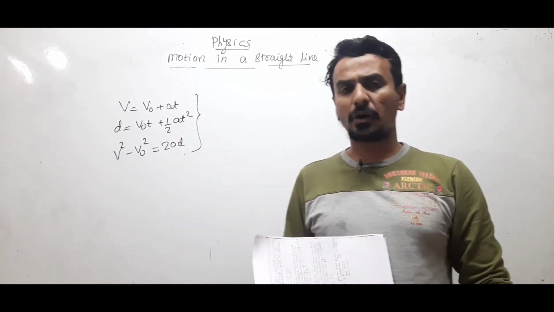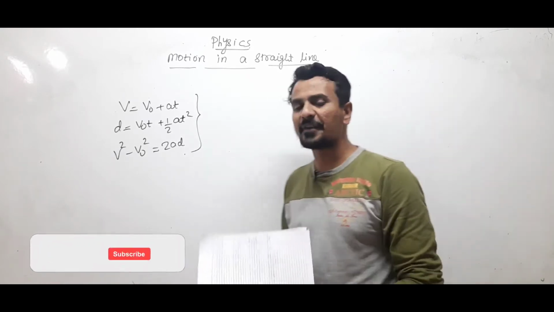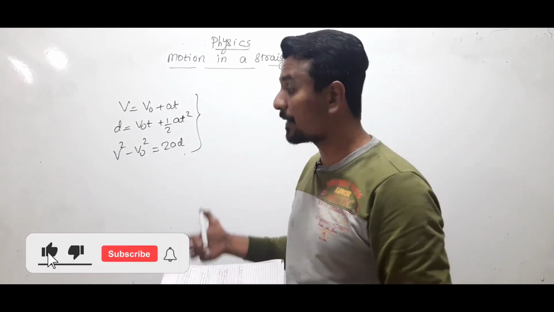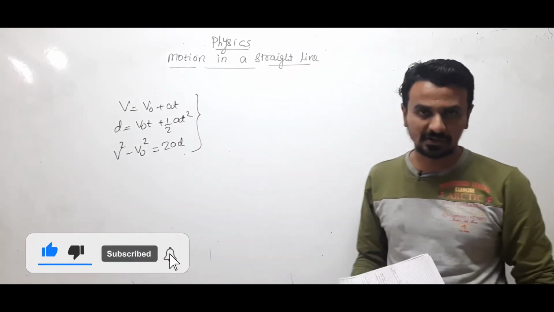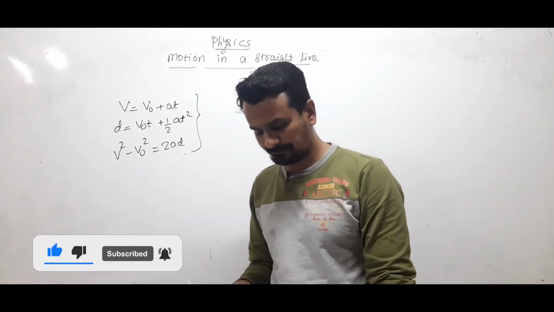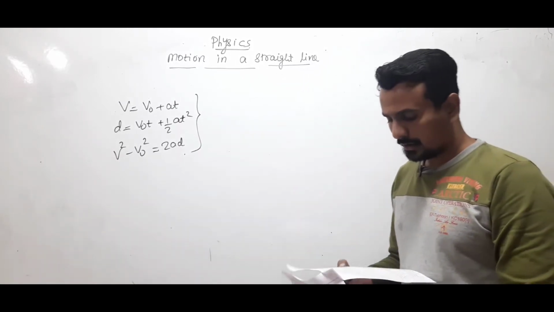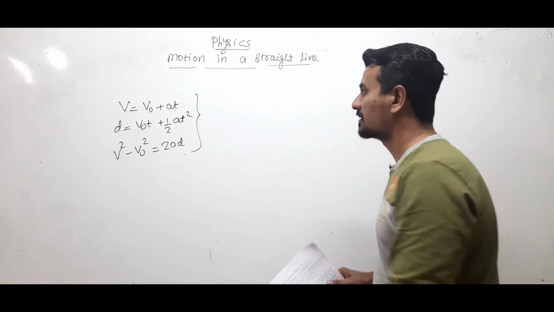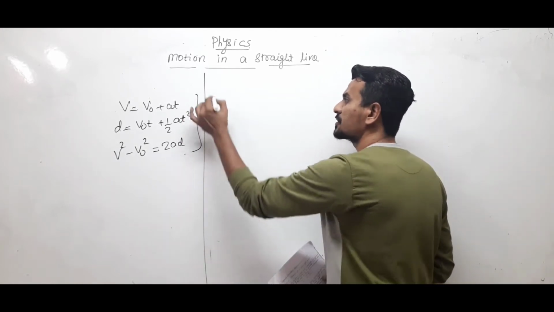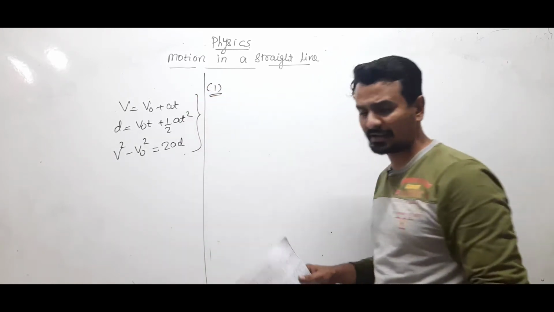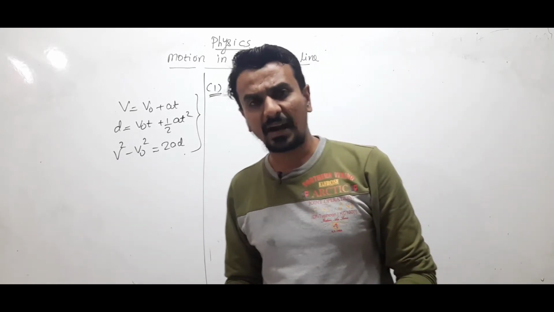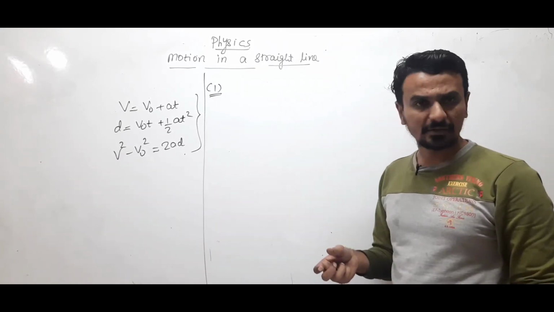Okay, now we'll solve the questions based on this uniformly accelerated motion and how to apply the formulas in the questions, right? See the first one. Car starts from rest. In solving such questions based on uniformly accelerated motion, write the data given in the question.